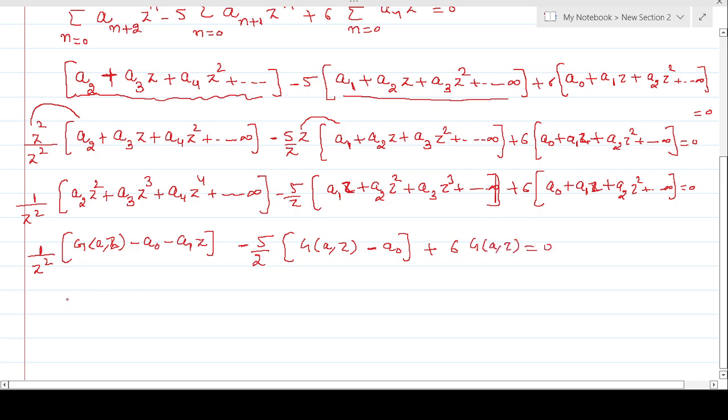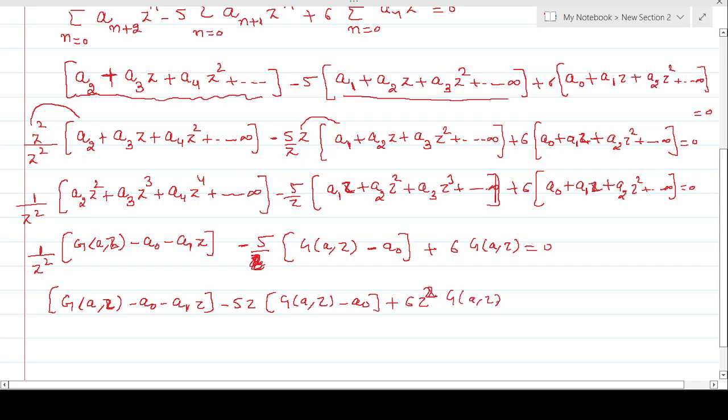Now take the LCM. So it is g(z) minus A0 minus A1z, minus 5z times g(z) minus A0, plus 6 times z square into g(z) equal to 0.